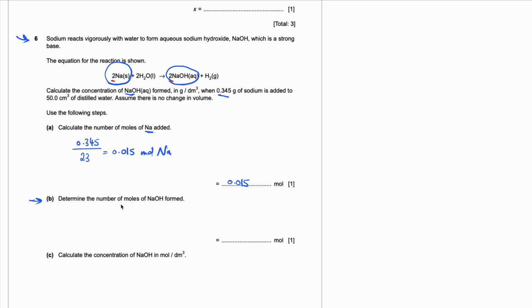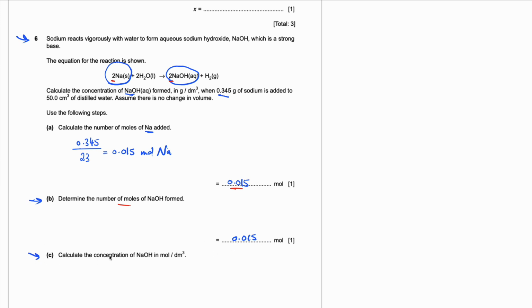So the number of moles of sodium hydroxide is going to be exactly the same as the number of moles of sodium, because the ratio is 2 to 2. For every 2 moles, 2 moles, 4 moles, 4 moles, any number, the same number. So the answer is again the same: 0.015 moles of sodium hydroxide. So now we know the moles of sodium hydroxide.